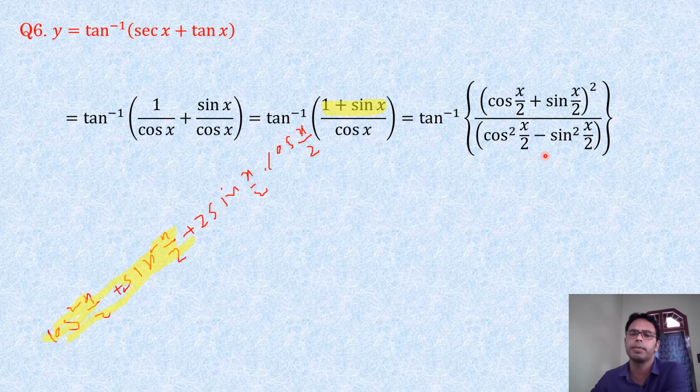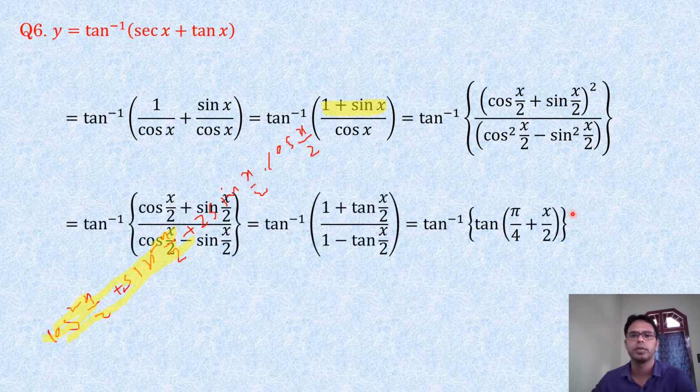Then in the tan inverse, one of the terms will be cancelled, because cos square x by 2 minus sin square x by 2 is equal to cos x by 2 plus sin x by 2 times cos x by 2 minus sin x by 2. So the plus term will be cancelled with the whole square, and one factor remains, that is cos x by 2 minus sin x by 2.